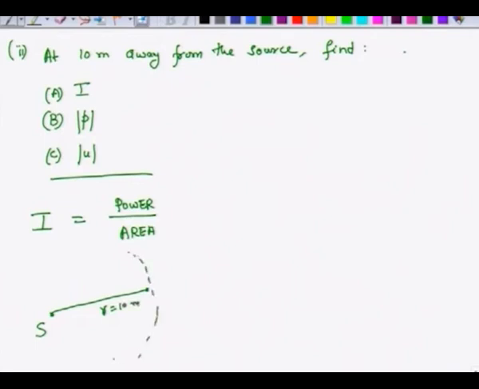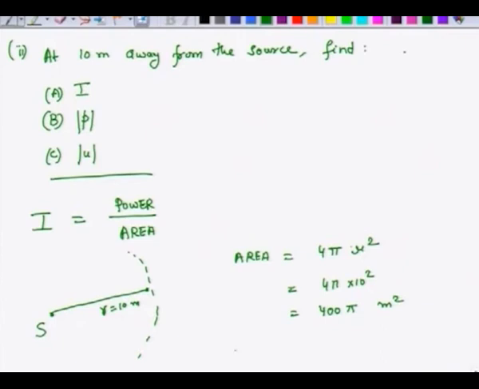So, there is a sphere of radius 10 meters. The area of this sphere is 4 pi times r square, and r is 10 meters. So, that is 4 pi times 10 square, which equals 400 pi square meters.